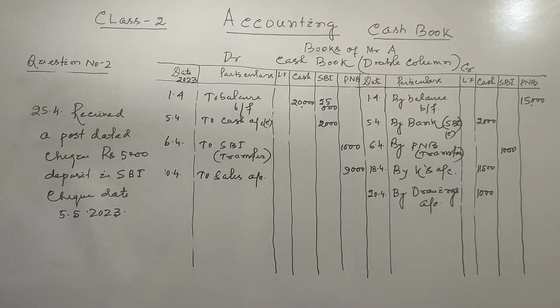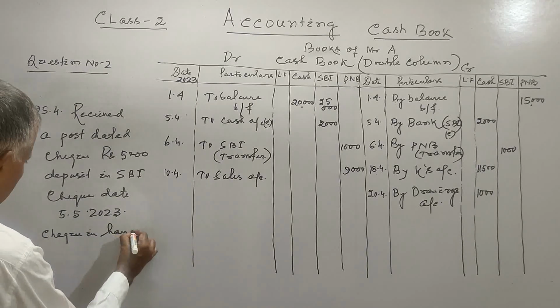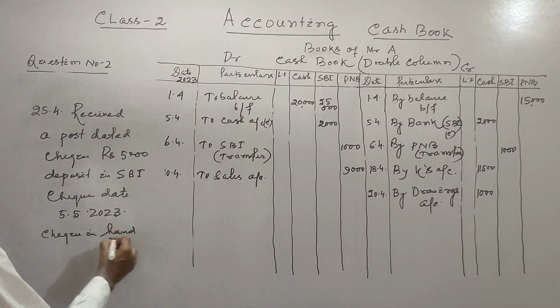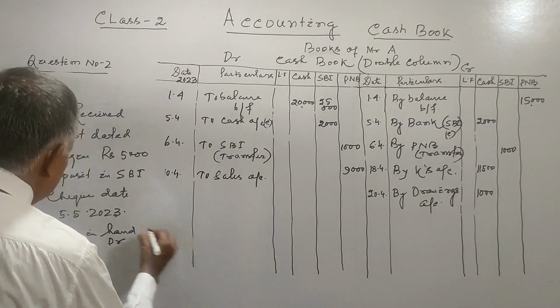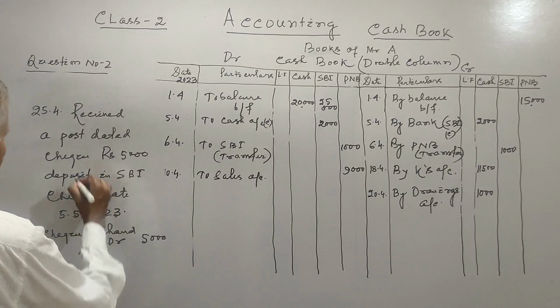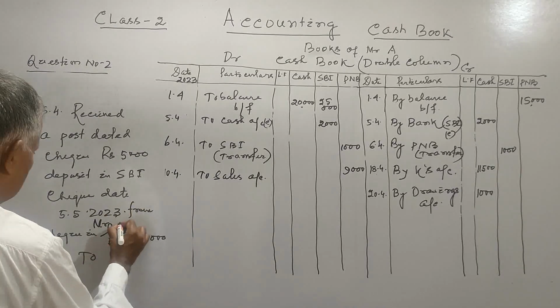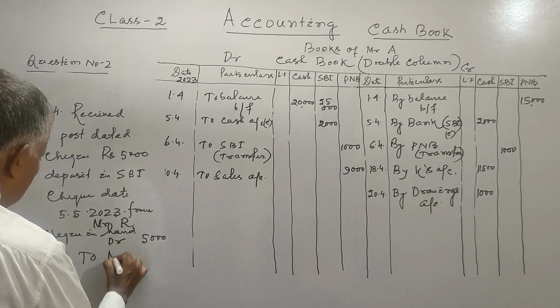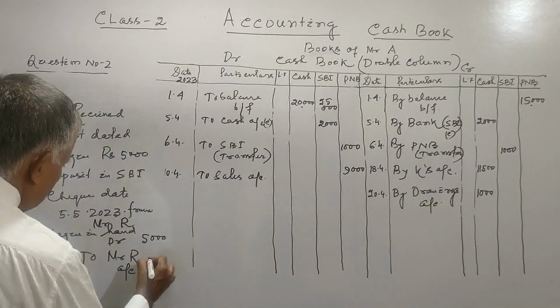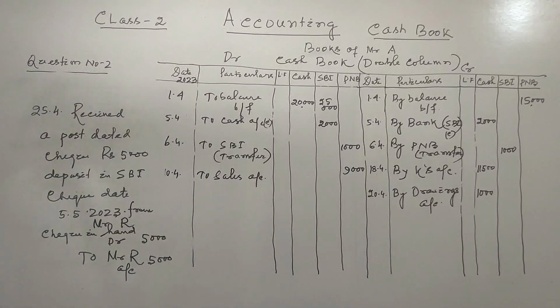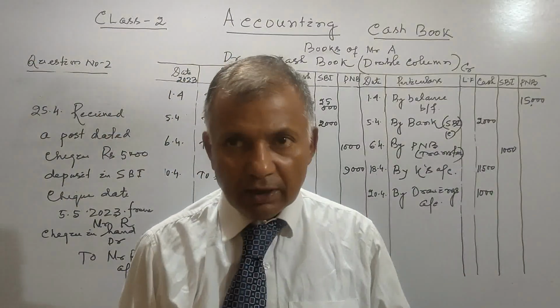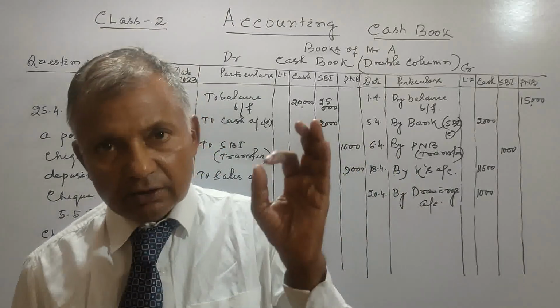So friends, in this case the journal entry is cheque in hand debit rupees 5,000, to Mr. R account rupees 5,000, being post dated cheque received from Mr. R. Friends, it will not come in the cash book because we are preparing the cash book for the month of April.